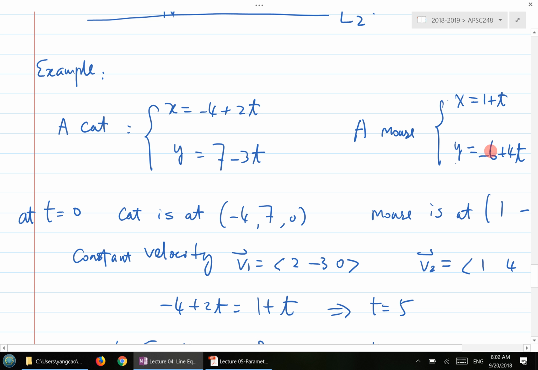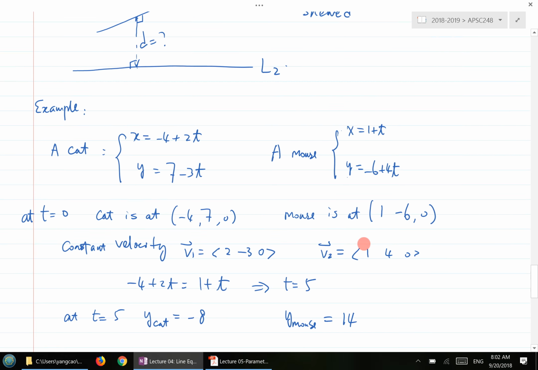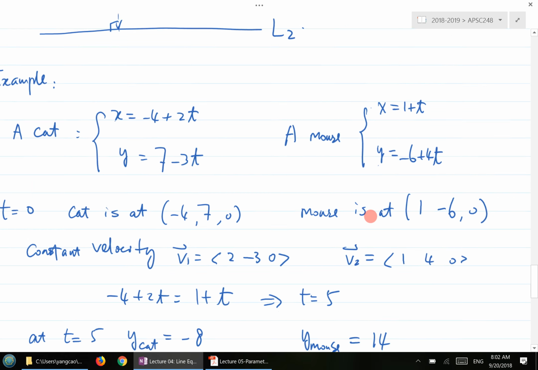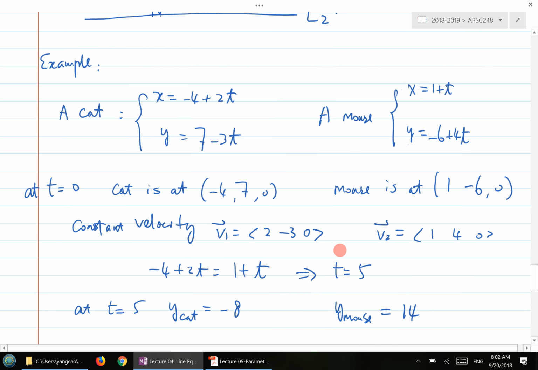I can interpret this trajectory as a line or a motion with a constant velocity. The constant velocity is the coefficient of this parameter t here. And when t equals 0, that's your starting point.